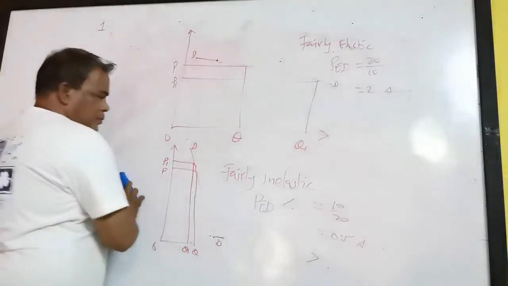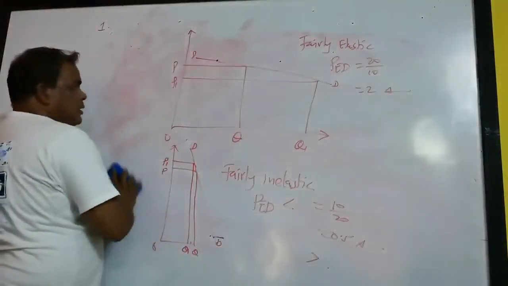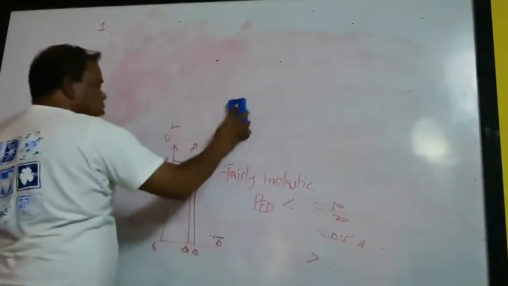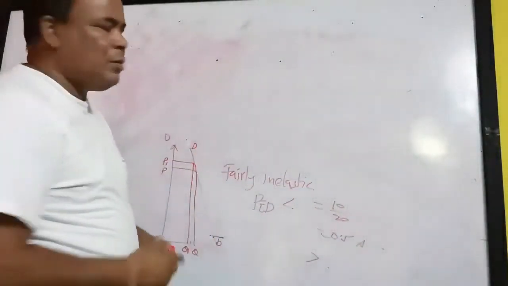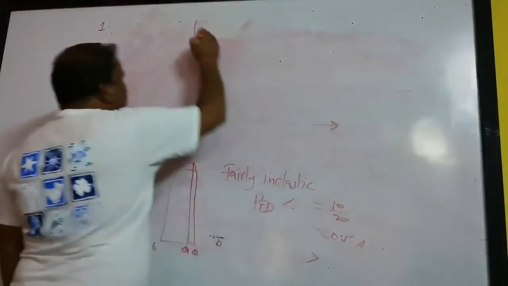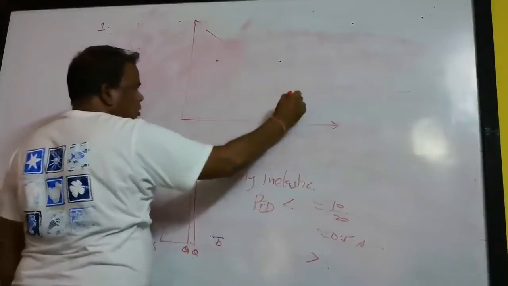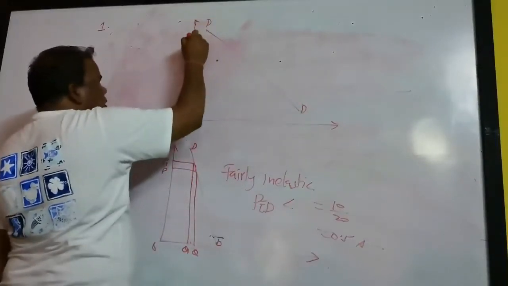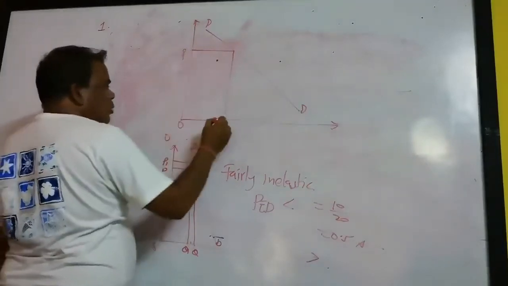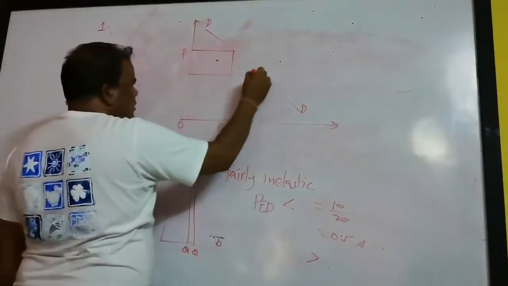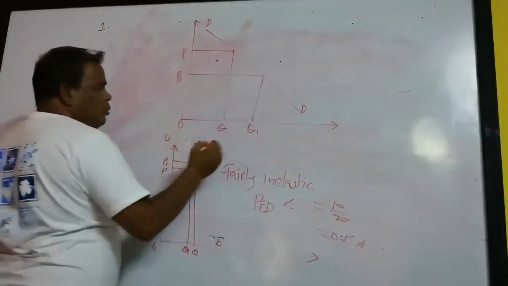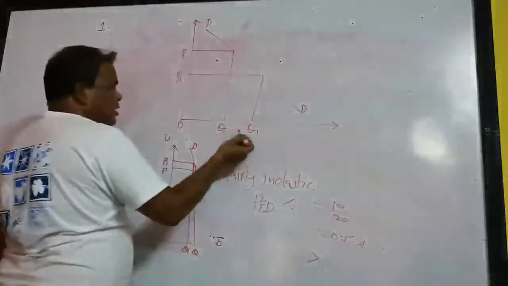The last one, unitary elastic. Unitary elastic demand means the percentage change in demand is equal to the percentage change in price. Price is OP, quantity Q. When price falls from OP to OP1, quantity increases by the same percentage.